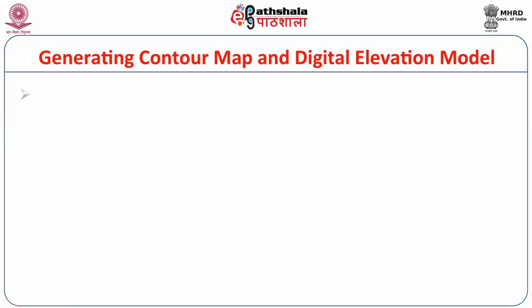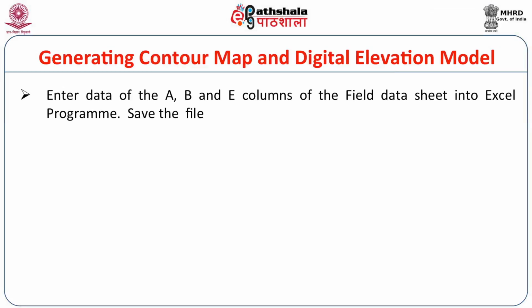To use this data in the Surfer program, first we have to enter this data in an Excel sheet. In the Excel sheet, in the first column, we enter the numbers in the X column, in the second column the numbers in the Y column, and in the third column the elevation readings obtained in the field, which are shown in column E of the field data sheet.